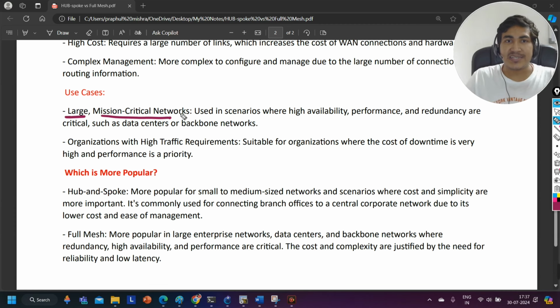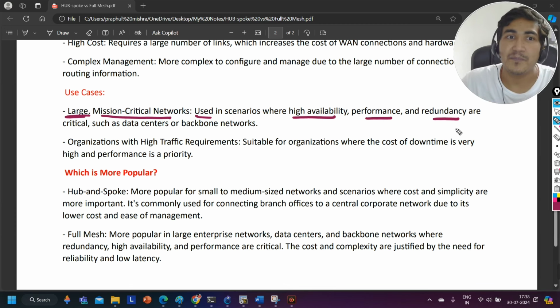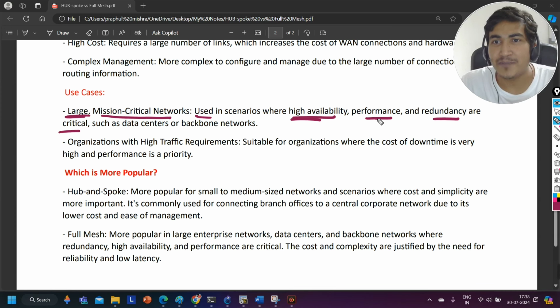So all mission critical networks will use full mesh topology, and large enterprises use it in scenarios where high availability, performance and redundancy are more important, more critical than cost and management.